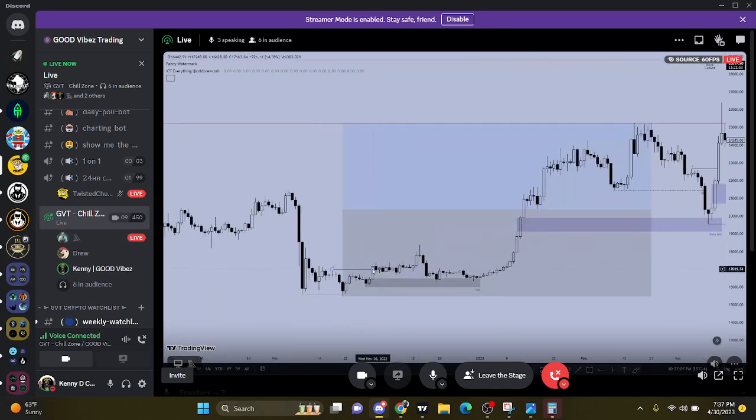So, displacement. Candle close over on the daily chart. The daily chart is bullish. Fair value gap. A bullish order block needs a fair value gap.